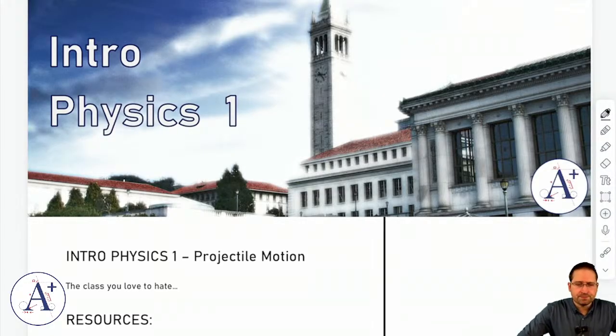So it's a very common topic to teach. It's a very interesting topic in the sense that it does attempt to explain, or at least describe, the motion of anything you would launch through the atmosphere. So if you hit a golf ball, or you launch a cannonball, or maybe you turn on a drinking fountain and you see the parabolic path followed by the water as it flows out, that's all projectile motion.